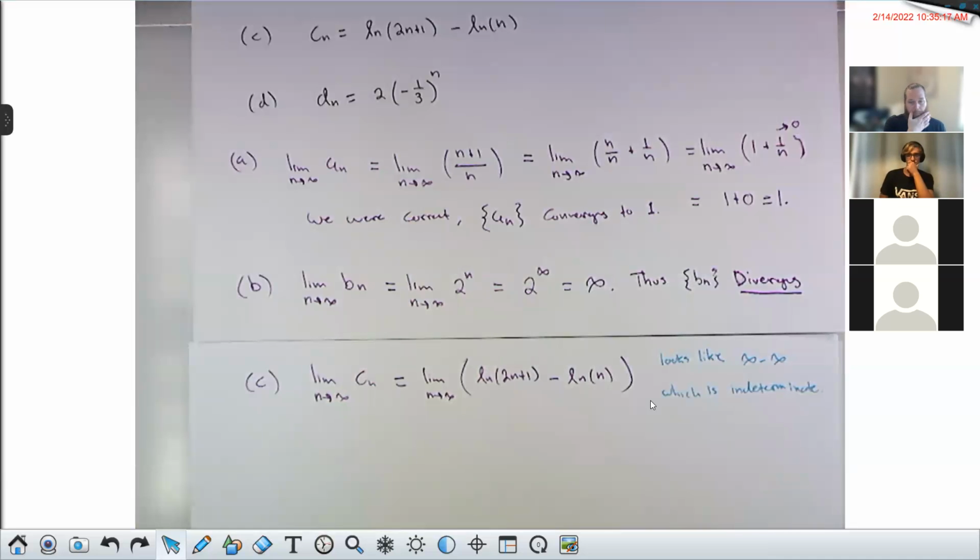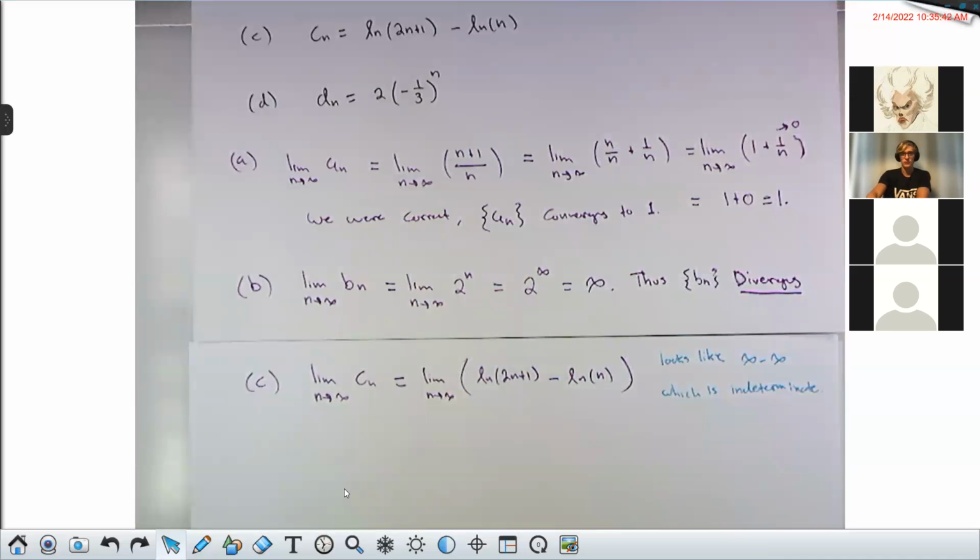We can't stop there. There is a nice way to attack this problem, just using algebra. I'd like to ask you, can we clean this up at all? Is there anything algebra-wise that comes to mind when you see this expression here? ln of (2n plus 1) over n.